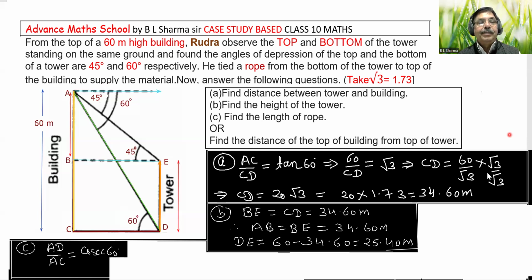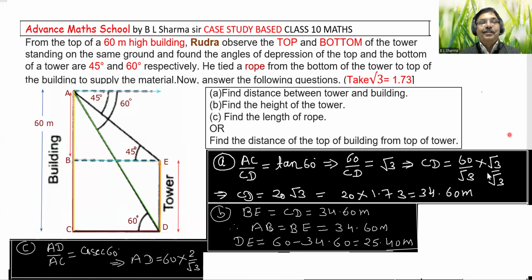AC is given as 60 meters. So AD is equal to 60 into cosec 60, that is 2 upon root 3. Rationalize the denominator, multiply numerator and denominator by root 3, so that it will give us 40 root 3 meters.